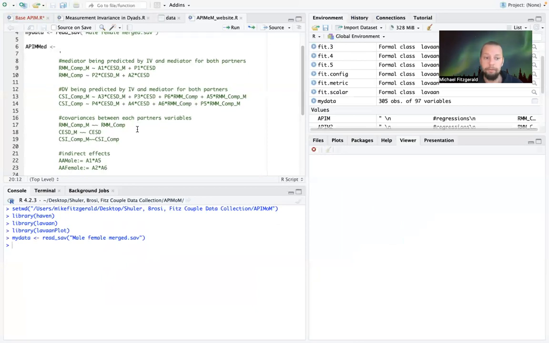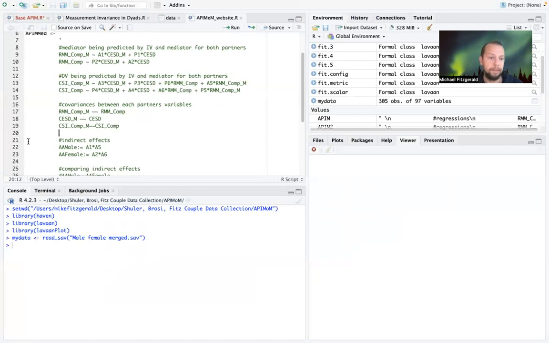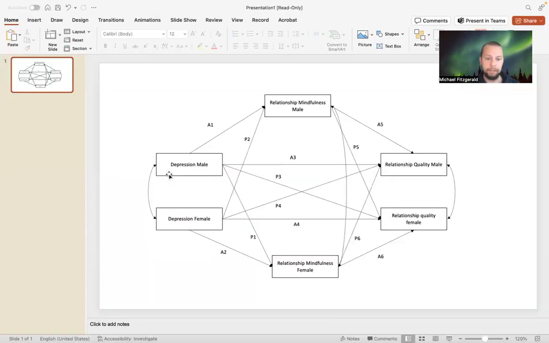So shifting back over, we have our indirect effects here. And so again, I'm calculating only the actor indirect effects. So I'm calculating this one from male depression to male relationship mindfulness to relationship quality for the males. And I'm calculating female depression to female relationship mindfulness to female relationship quality. So these are 2 of the 8.